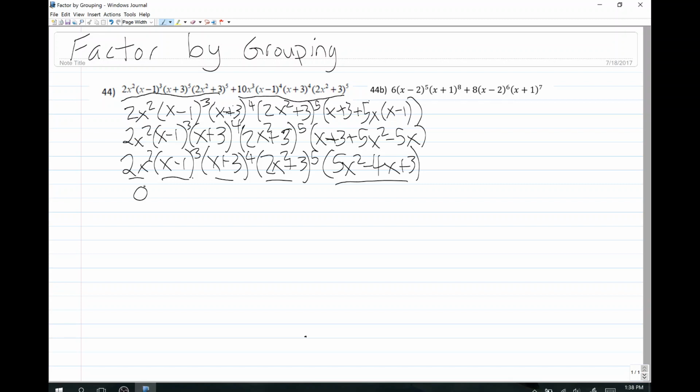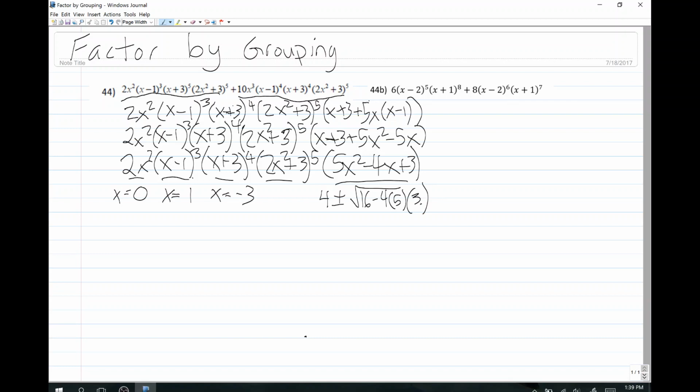So at 0, at 1, at -3, at nothing, this is never 0, and at wherever this is 0, which we can use the quadratic formula to figure out. So negative b plus or minus the square root of b squared minus 4ac.